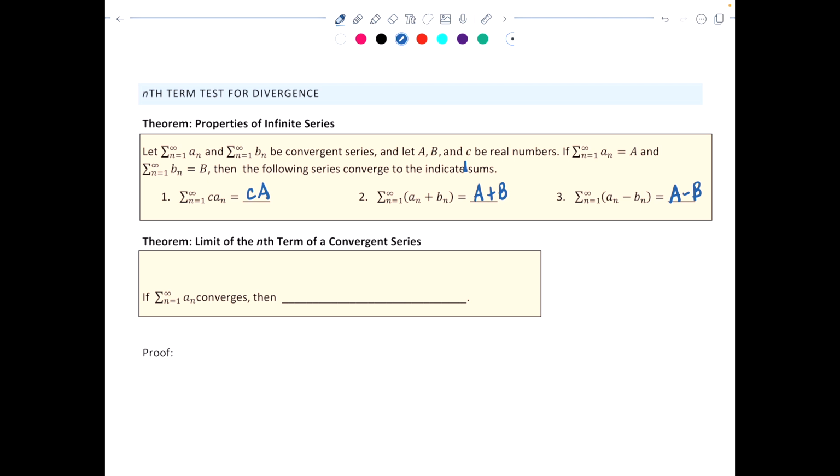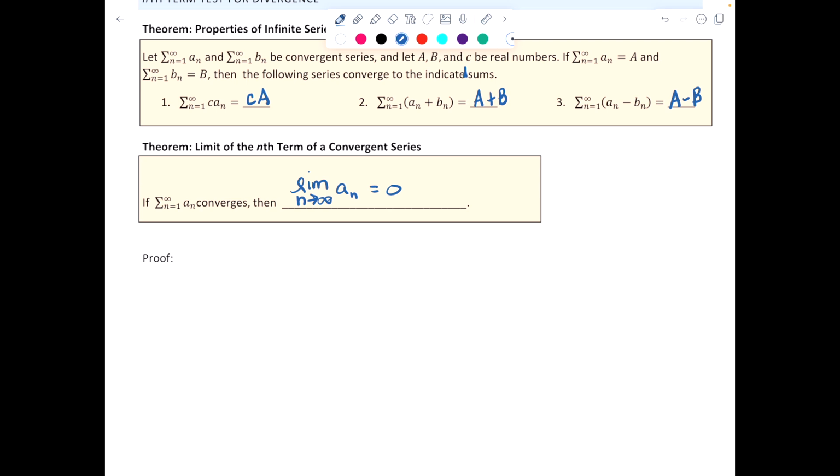This says if the summation converges, and it just goes one direction, it's an if-then, so the opposite is not true. So if the sum from n equals 1 to infinity of a sub n converges, then it turns out that the limit as n approaches infinity of a sub n has to be 0. At some point, you're not adding any more in, all right?